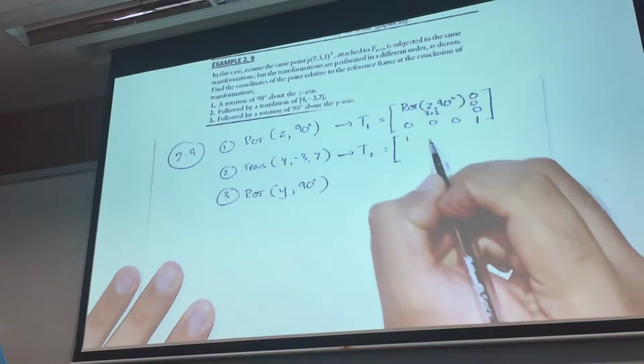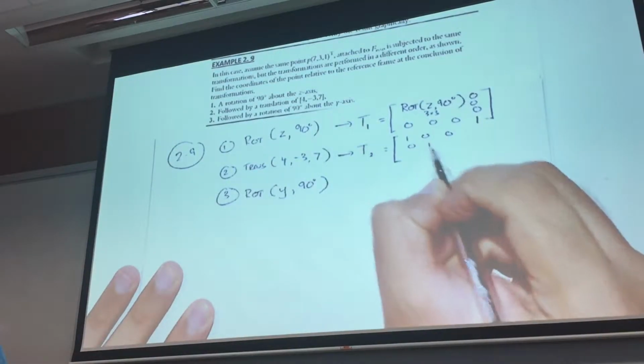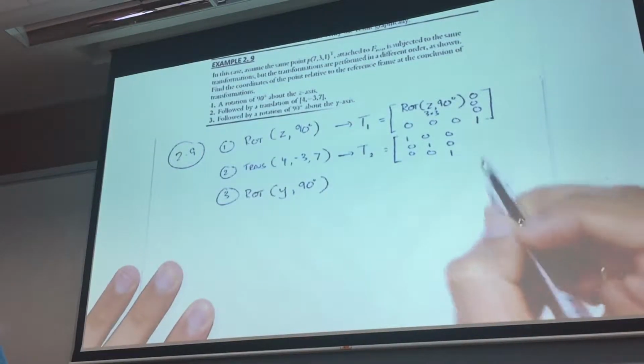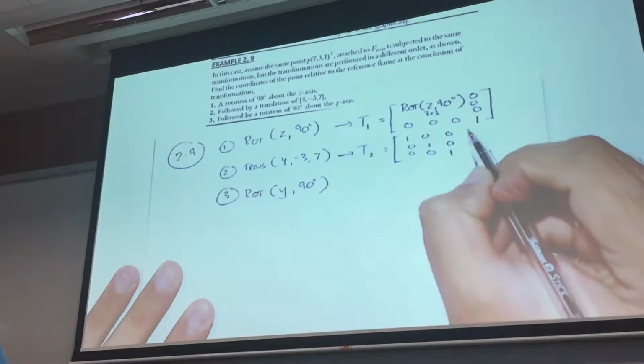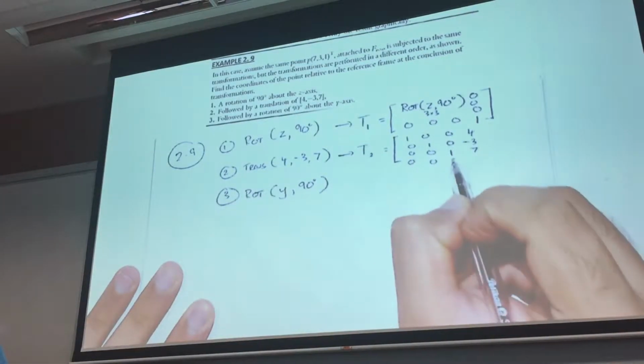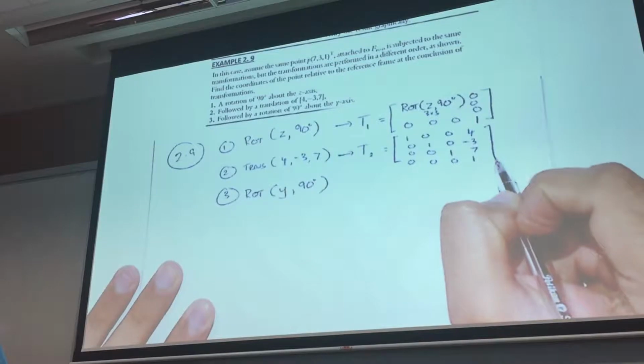Identity matrix is 1, 0, 0, 0, 1, 0, 0, 0, 1. But you are translating by 4, minus 3, 7. Okay, remember below 0, 0, 0, 1. Remember the last row is always very straightforward.